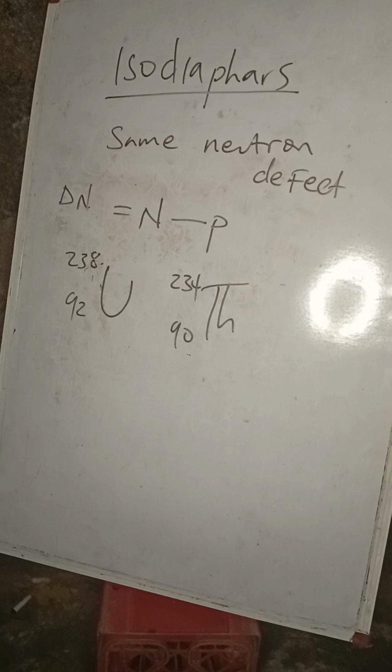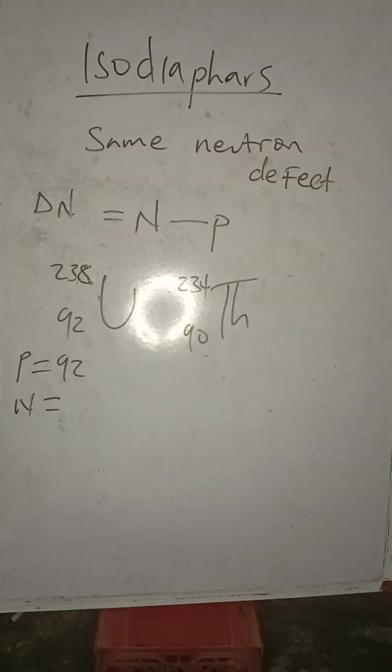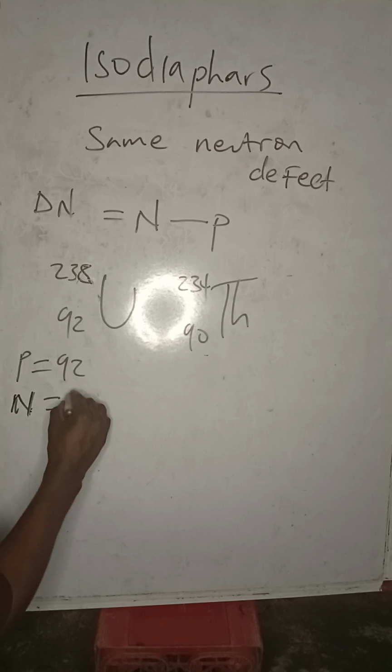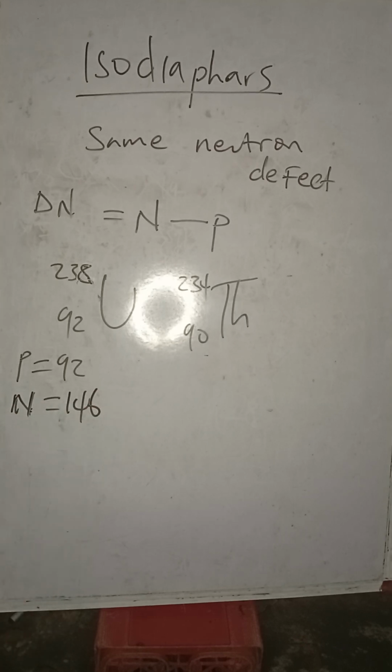Let's quickly check it out. The number of protons for uranium is 92. The number of neutrons is 238 minus 92, which gives 146.